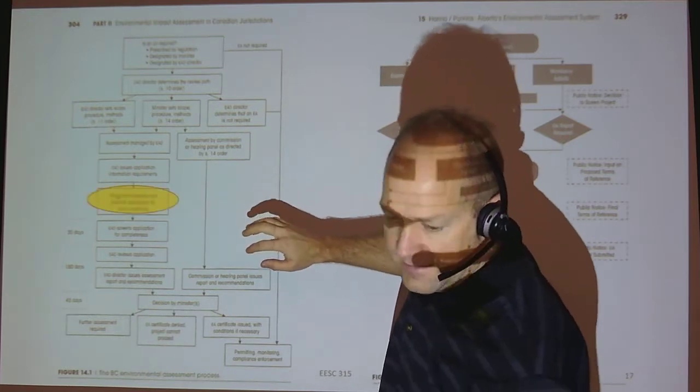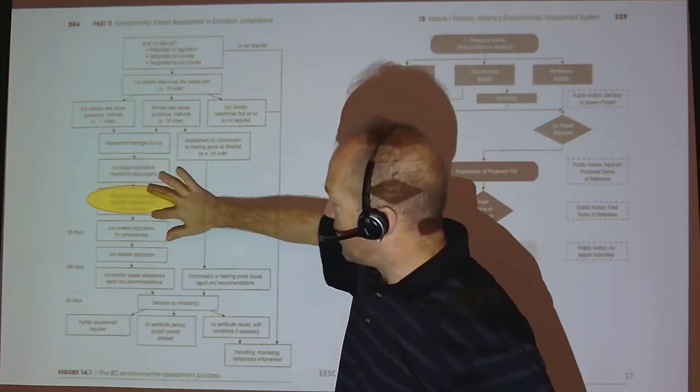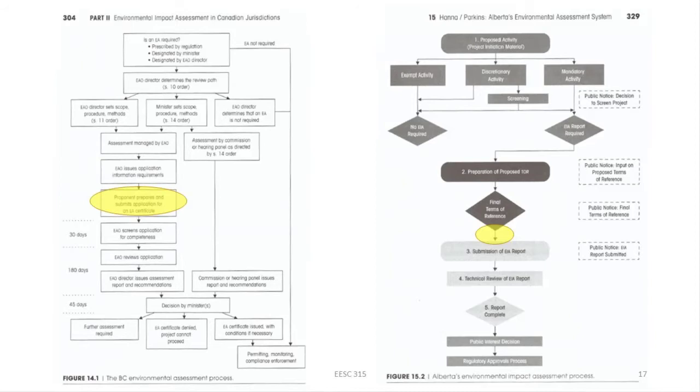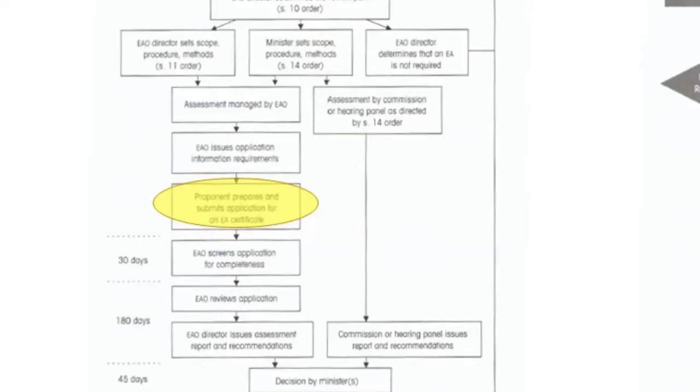That's essentially what we're going to be focusing on. This entire course is going to focus on this one box: the proponent prepares and submits an application for an EA certificate. That's an environmental assessment certificate, which is essentially the approval issued by the Environmental Assessment Office.